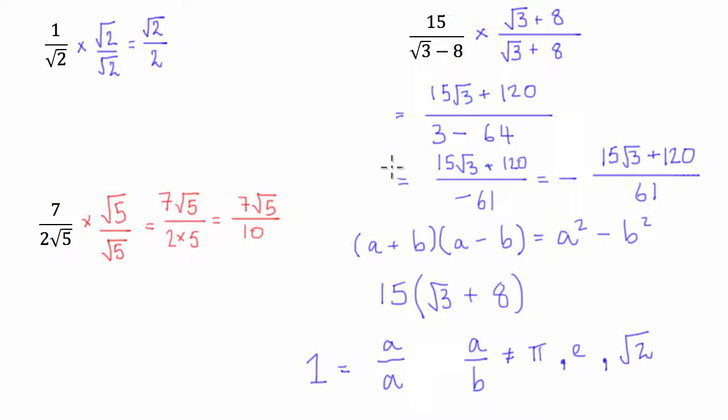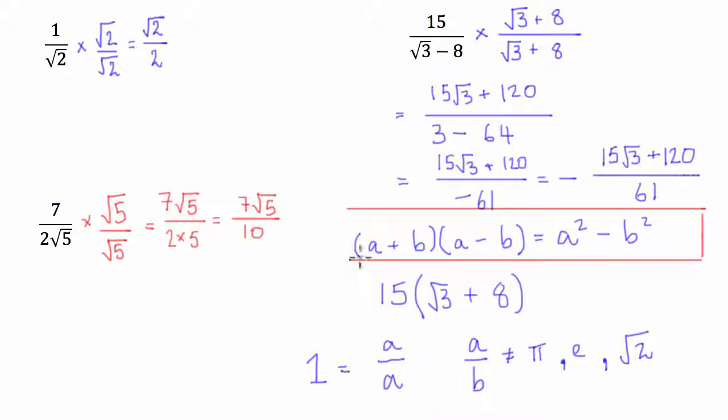So you can see that when we have an addition or subtraction sign in the denominator which we need to rationalize, it makes the process a little bit more complicated. However, if we use the difference of perfect squares method, it's quite easy to come out with the correct solution.